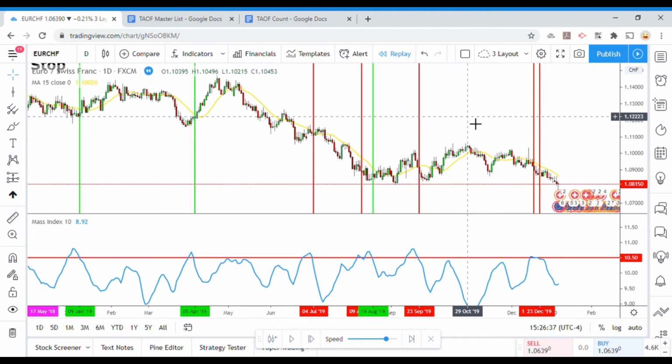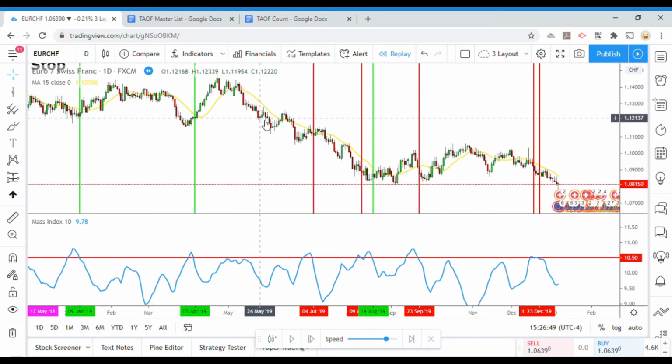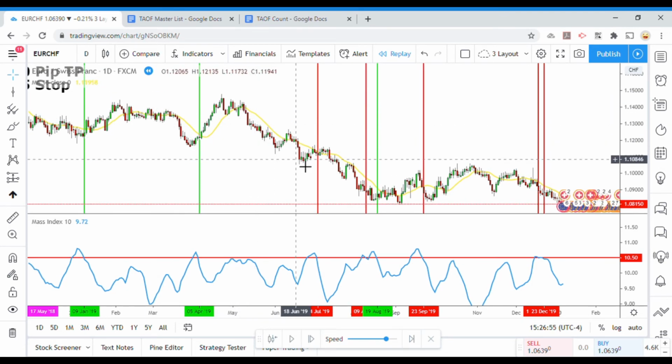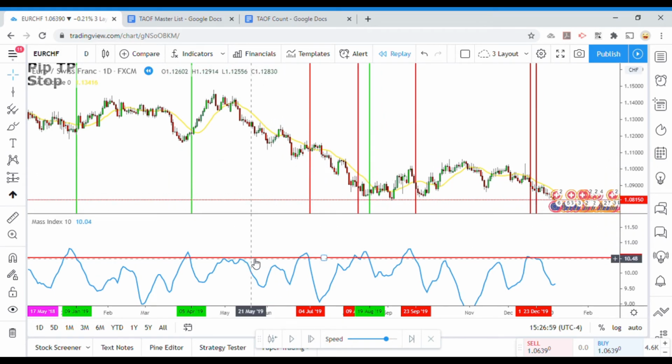As I said before, it's a reversal indicator, and it gives us very few signals in a one year period of time. It doesn't seem to be calling the reversals when these big trend moves, these big trend reversals, are taking place.